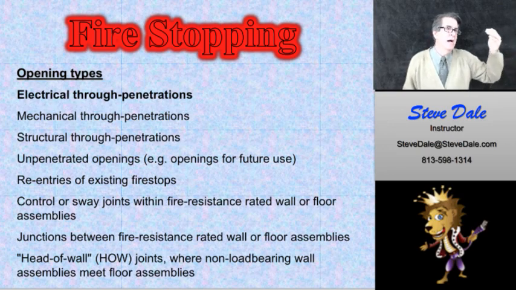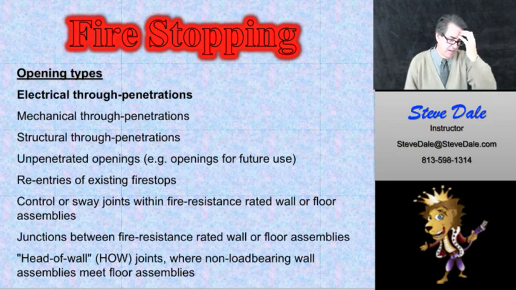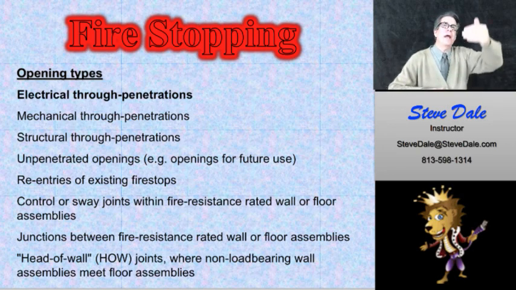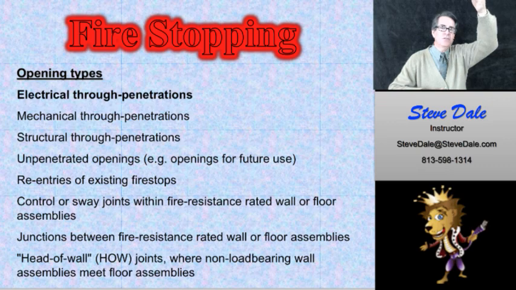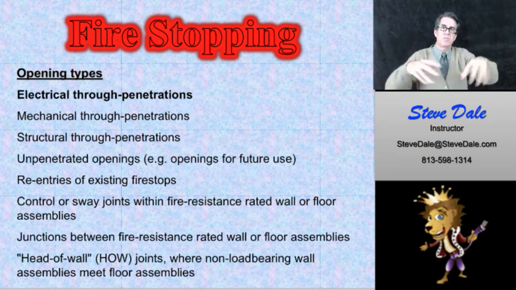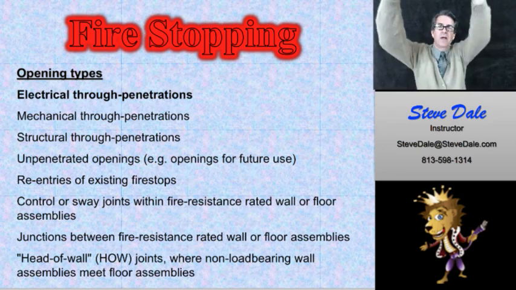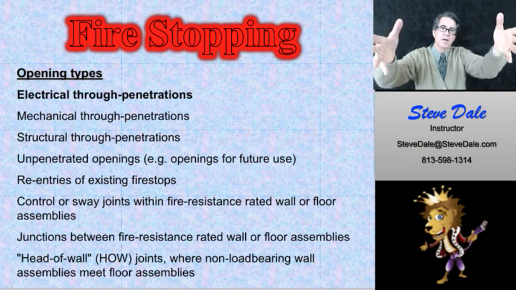If we're going to run our wires through a firewall, what is a firewall? Now, this has been another question. A firewall goes from the ground floor all the way up, not just to the drop ceiling, but all the way up to the roof, okay? Because you're trying to seal the smoke and flames from getting into the other rooms or other compartments or other buildings.